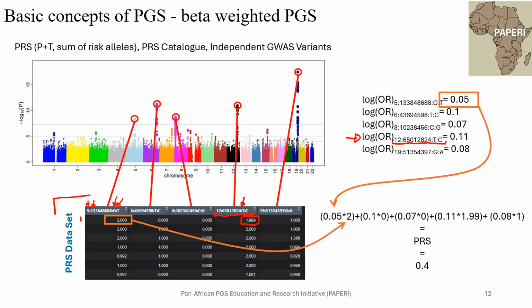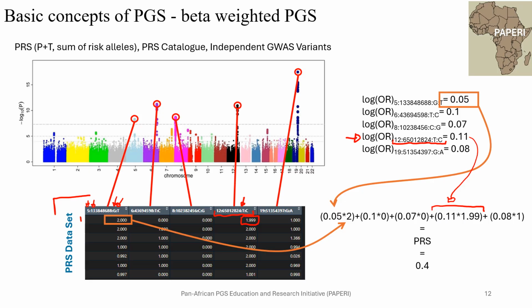When we put that into the polygenic risk score, we're going through and doing a multiplication between an individual's dosage and their weight for each of the variants. For this variant, they have their dosage of 1.99 and we're multiplying it by 0.11.